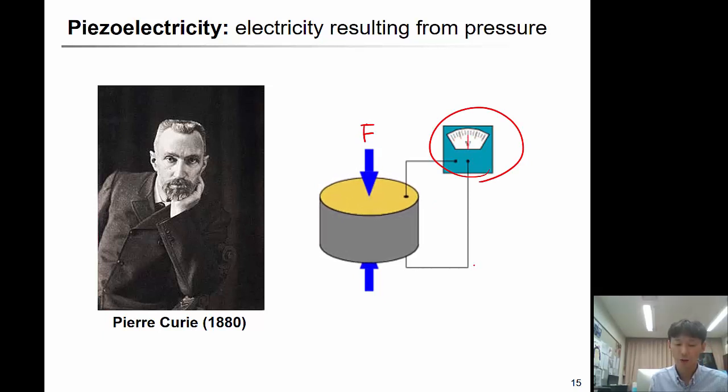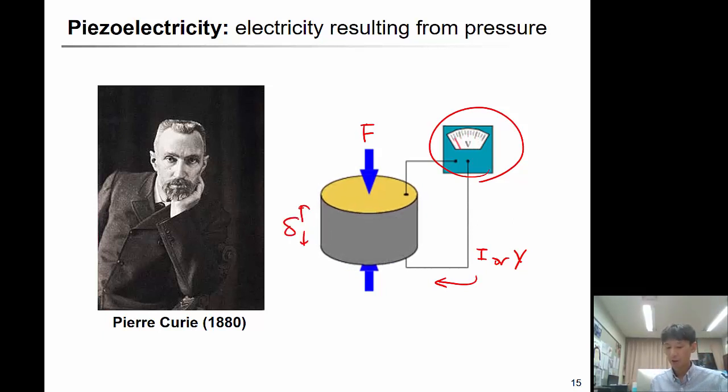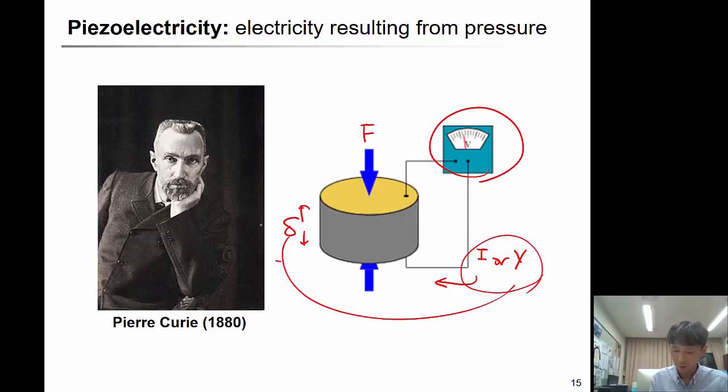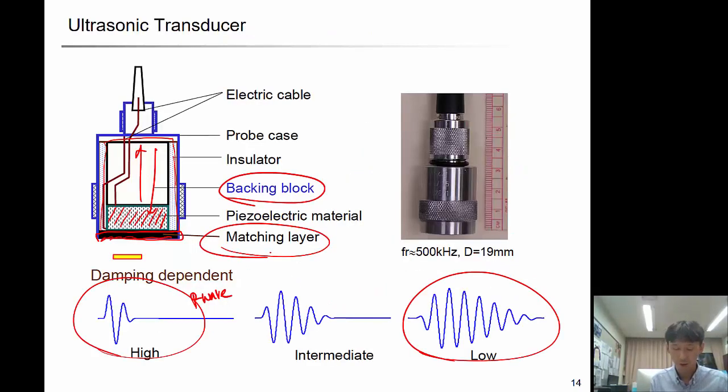It's called piezoelectricity, and this was discovered by Pierre Curie, Madame Curie's husband. And when you apply current or voltage, it also deforms. So we are using this kind of mechanism to generate the P or ultrasonic wave using this kind of transducers. So piezoelectric transducers transform the mechanical energy to electrical energy or electrical energy to mechanical energy.